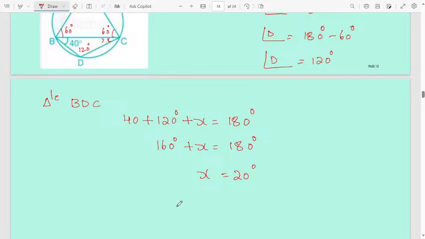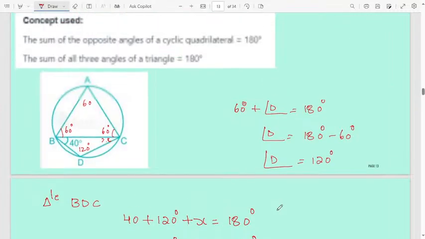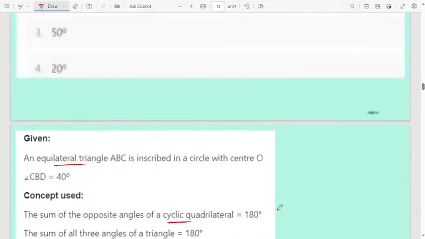X is nothing but angle BCD. This angle BCD is 20 degrees.